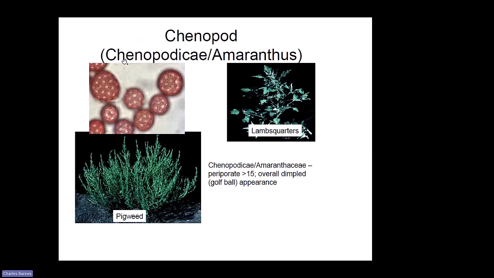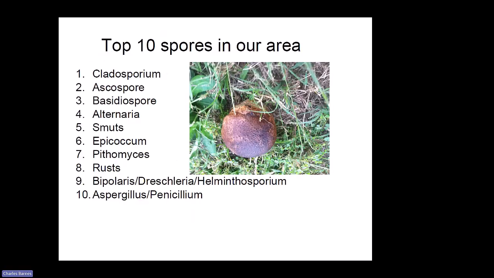It's called quinoa, and this quinoa has had the hull removed so that it's actually quite nice to eat. You can buy it frozen in packages. I haven't seen bulk quinoa in the stores yet. And so those are the major pollens in our area.